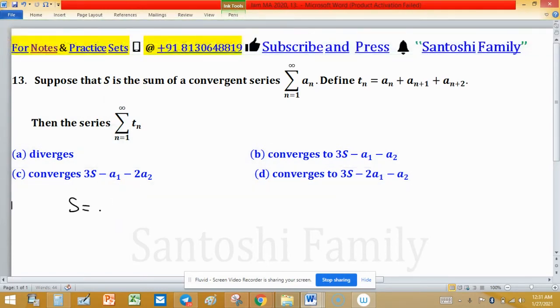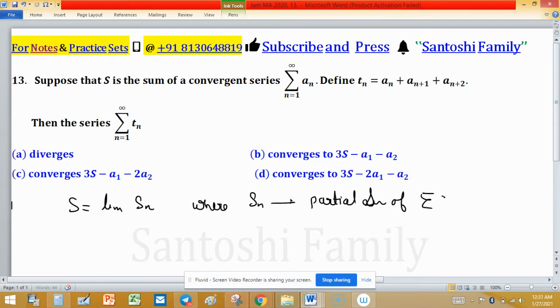As S equals the limit of this one, the limit of the partial sum Sn, where Sn is the partial sum of summation an up to n terms.